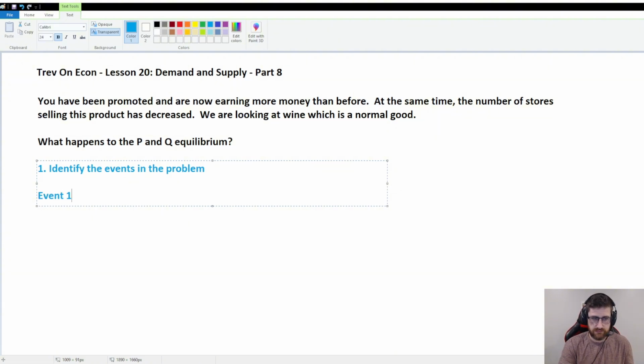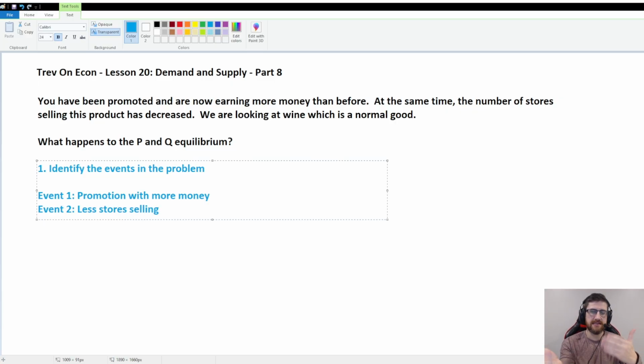Event one is promotion with more money, right? Paraphrasing. And event two is less stores selling. Okay, and we can tell that because it's pretty linear in terms of this happened and this happened, so what?